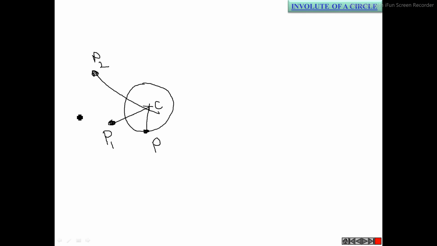Again, after some time, you unwrap a certain length of wire. Where will the end point of the wire lie? Say somewhat over here, P3. Again, after some time, you unwrap that wire. Where will the end point lie? Somewhat over here.